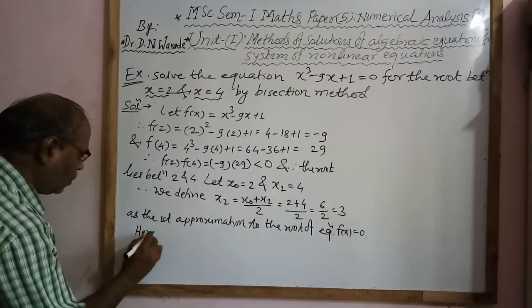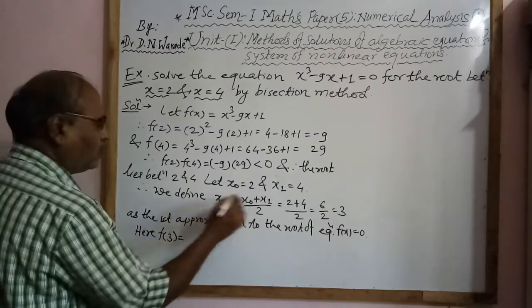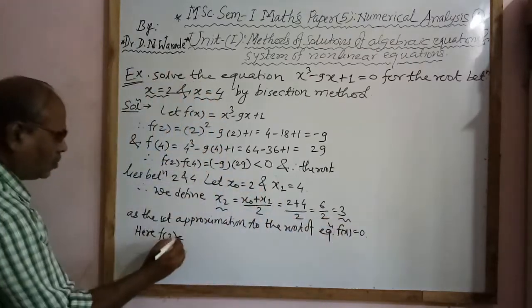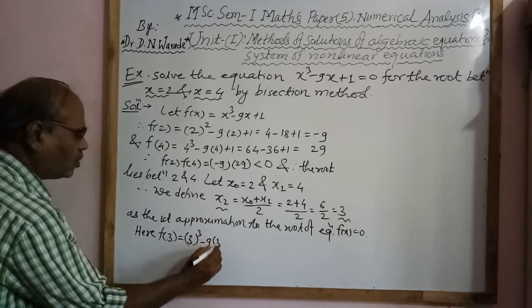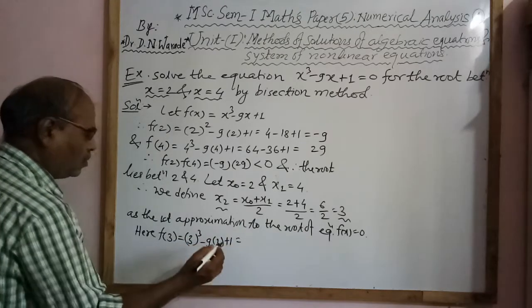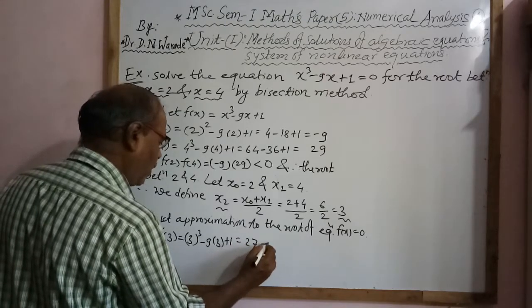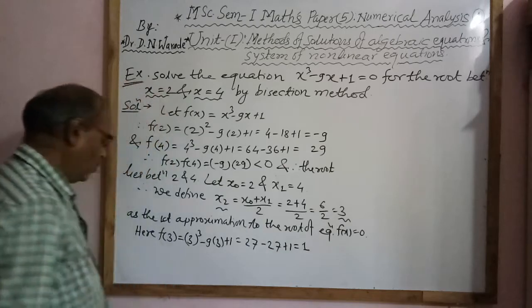Now here x2 equal to 3. Therefore, we find f of 3 equal to 3 to the power 3 minus 9 into 3 plus 1, that is 27 minus 27 plus 1, we get the value 1.